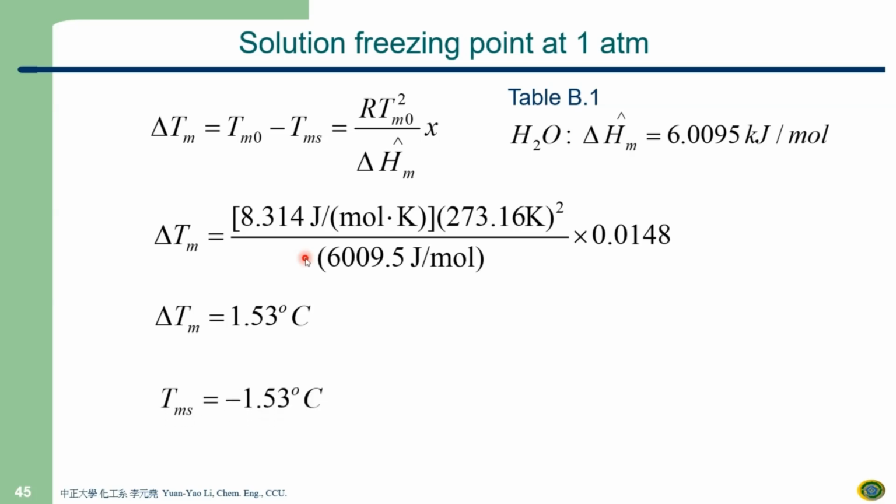And then you know that the freezing point will be minus 1.5 Celsius. Okay? I don't have time to do the calculation with you. So please go home and do the practice by yourself.